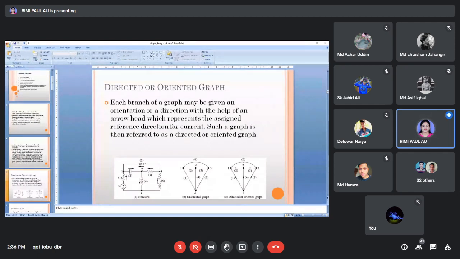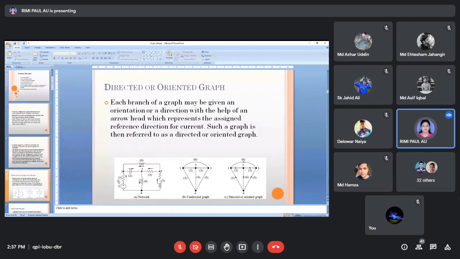So in this case, between these nodes, this component will be replaced by a line, this component will be replaced by a line. Here, if it is a voltage source, you will just short circuit.